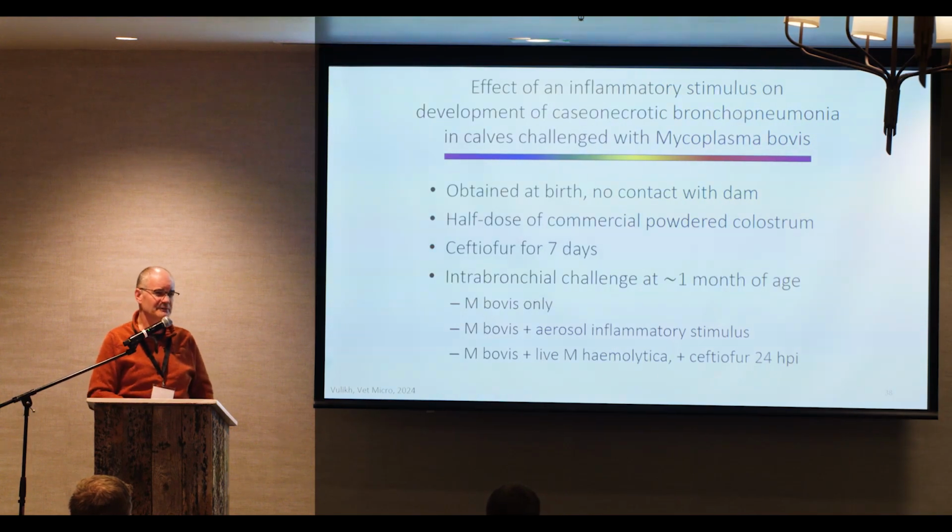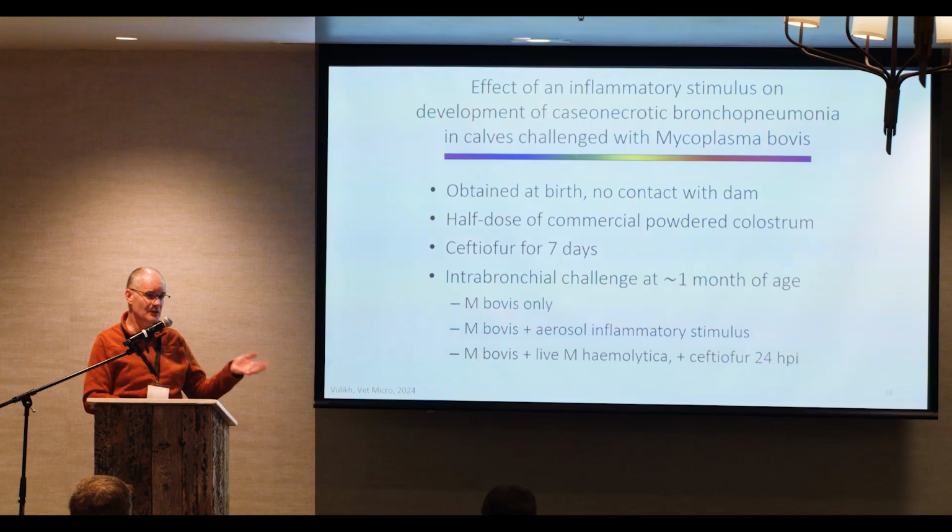To follow up on that, we did an experimental study. So we got newborn Holstein calves from the Dairy Research Center. They were obtained before they had any contact with the dam, so they've got no colostrum, and they're also not infected with Mycoplasma bovis.